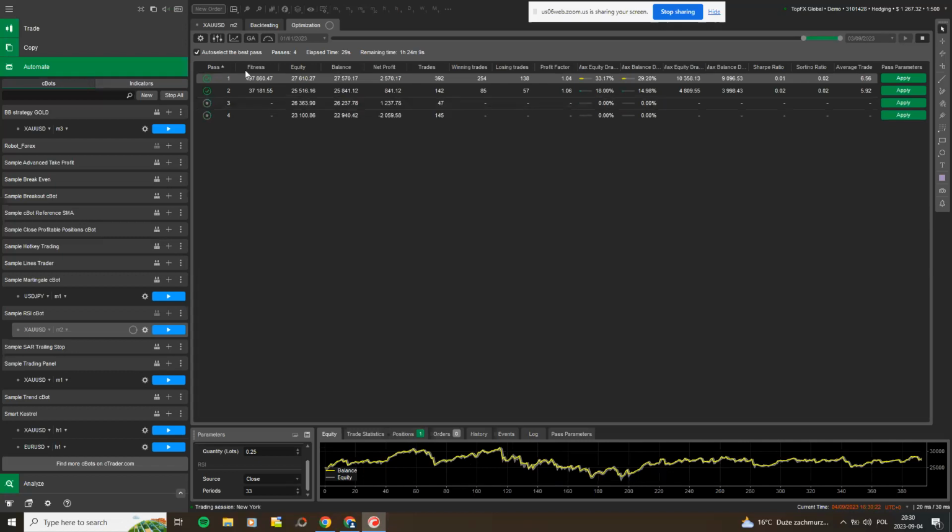Auto select the best pass, and the pass means the cycle under which our criteria were best fitted.